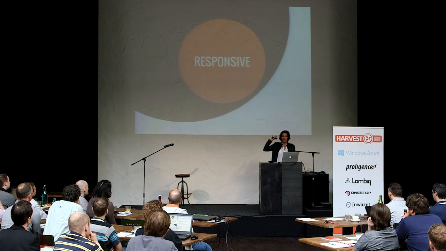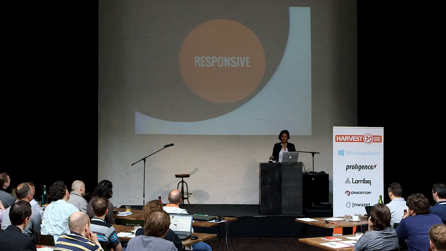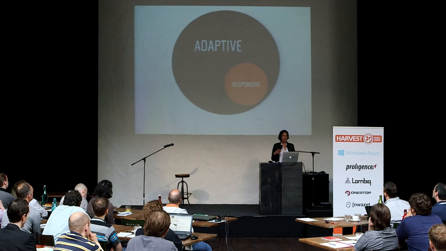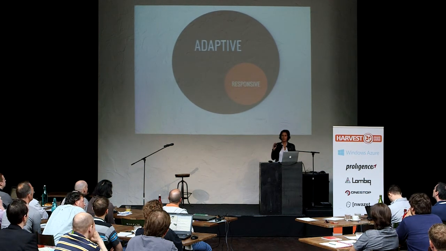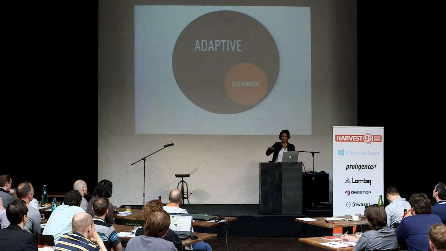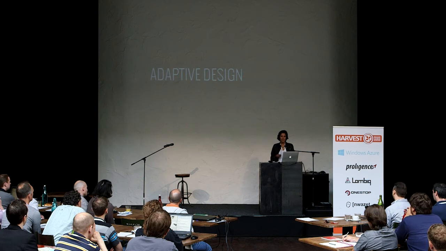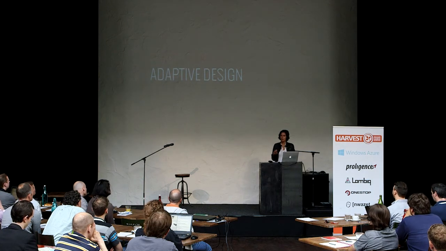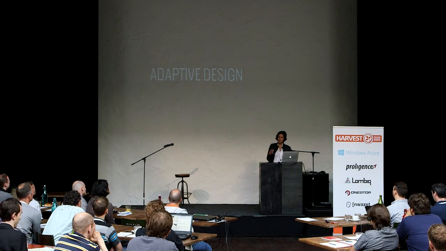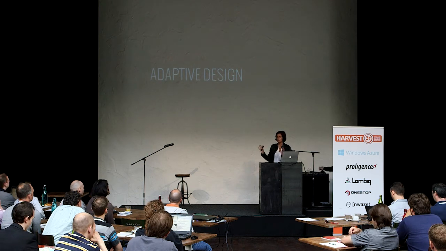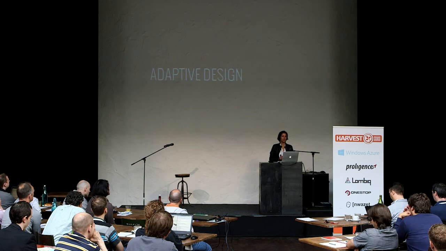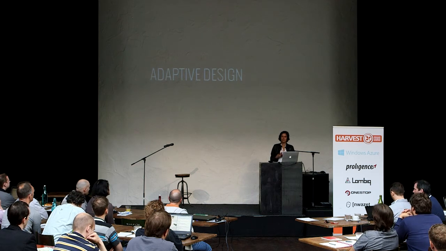Okay, so we've been talking about what is responsive, but responsive has to be, in fact, a subset of something that is called adaptive. So we have to look a little further ahead. Adaptive design is all about thinking that, okay, we want the website to resize depending on the size of the screen, but that's not enough.